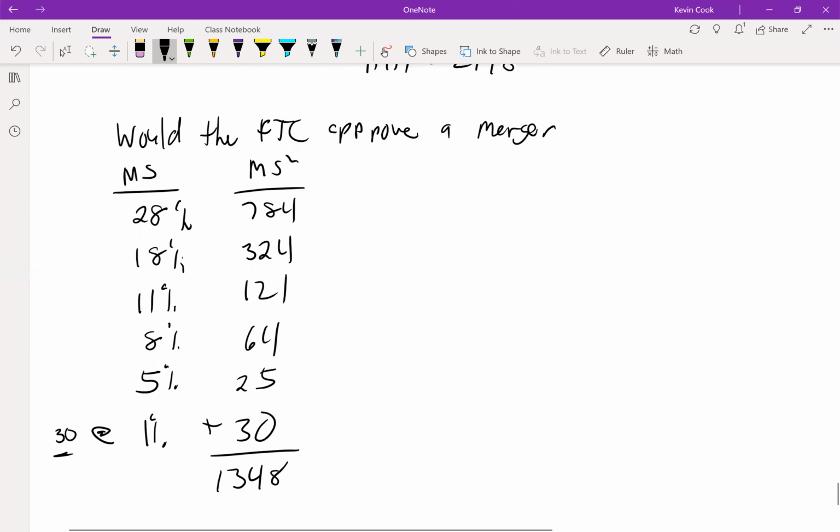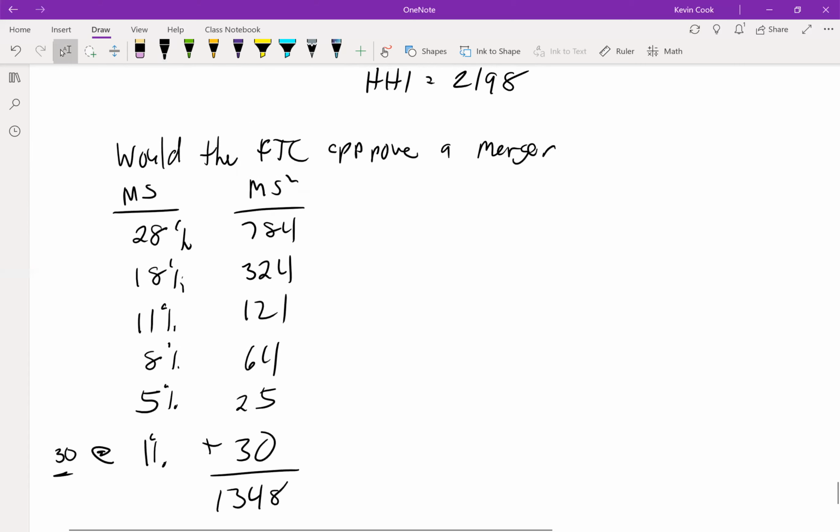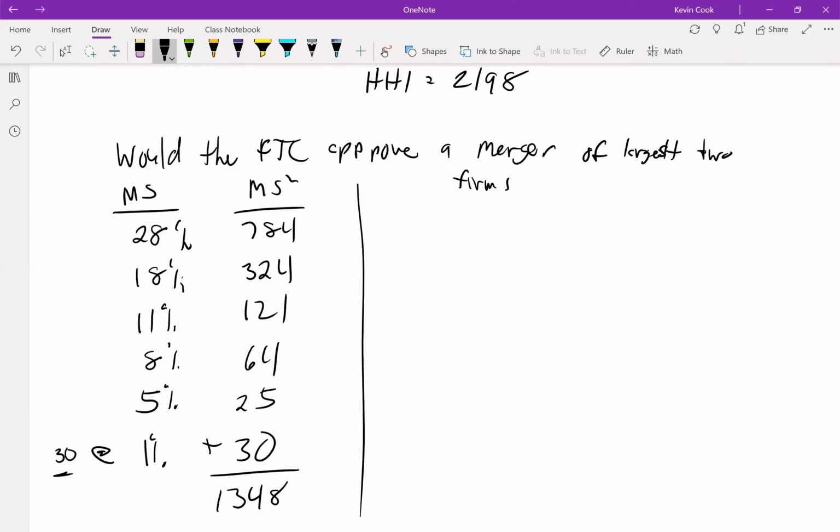So the scenario is, what if there's a merger of the largest 2 firms? In this case, we'll make a new case of market share and market share squared. We'll add these largest 2 firms together, the 28% and the 18%.